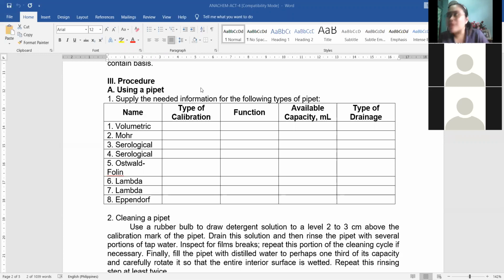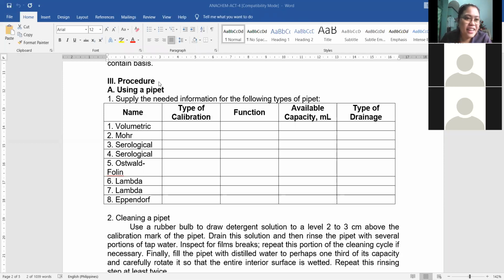So kung nag-practice ka pa lang ng pipetting, class, medyo mahirap siya, medyo hassle, and this is a skill kasi yung pipetting, and as medical technologist, kailangan expert ka sa paggamit ng pipette kasi you will be using pipette kapag nag-test ka, and then you have to measure exact volume of liquid.